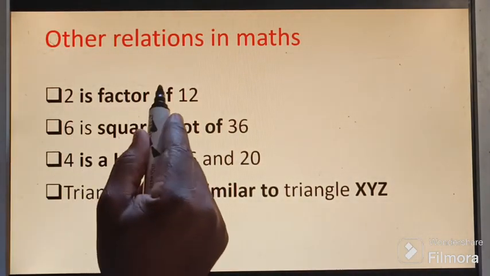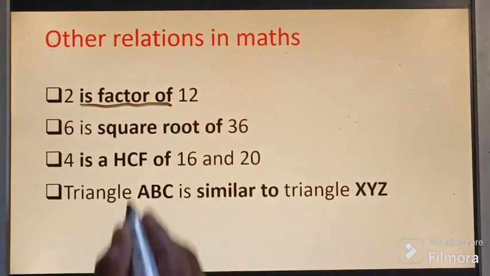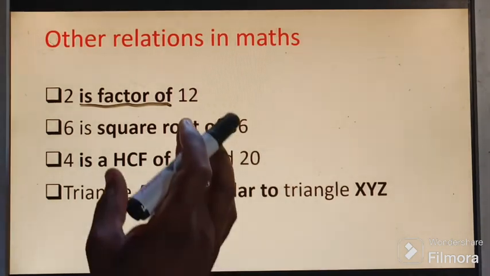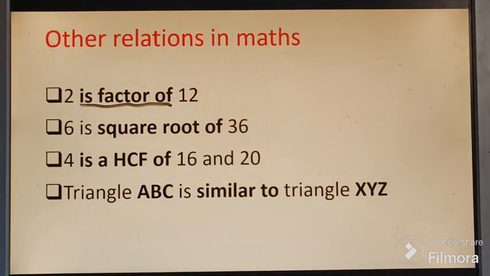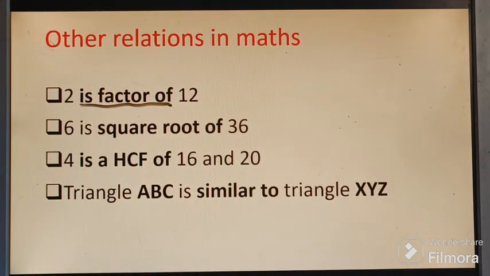So 2 is a factor of 12. So is a factor of 12. This one is showing how 2 is related to 12.